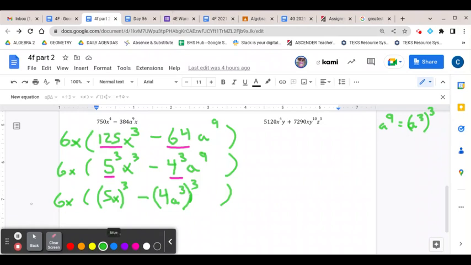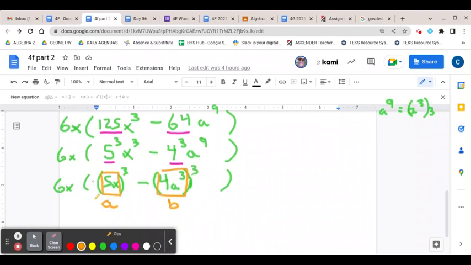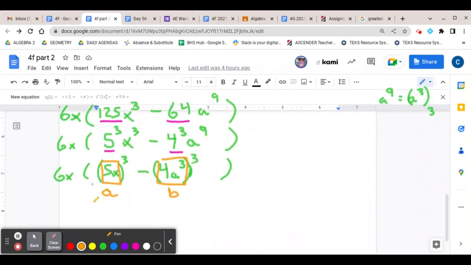All right, so the hard work is over. We have our a value, which is 5x. We have our b value, which is 4a cubed. So we have our a, we have our b. Let's plug those in. Now this is a difference of cubes.